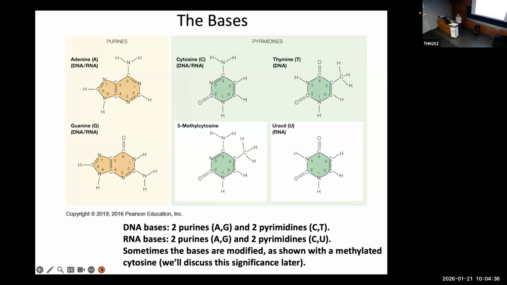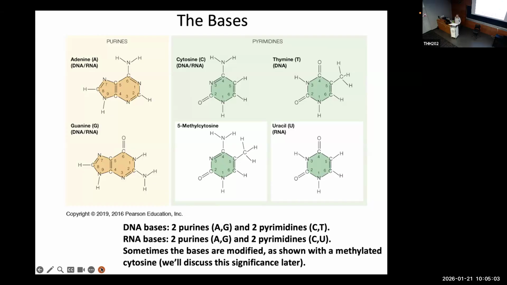Which two bases tend to interact with each other in a double-stranded piece of DNA? What are our base pairs? Yeah, A and T and C and G are base pairs. And when you form a base pair, what type of bonding is that?